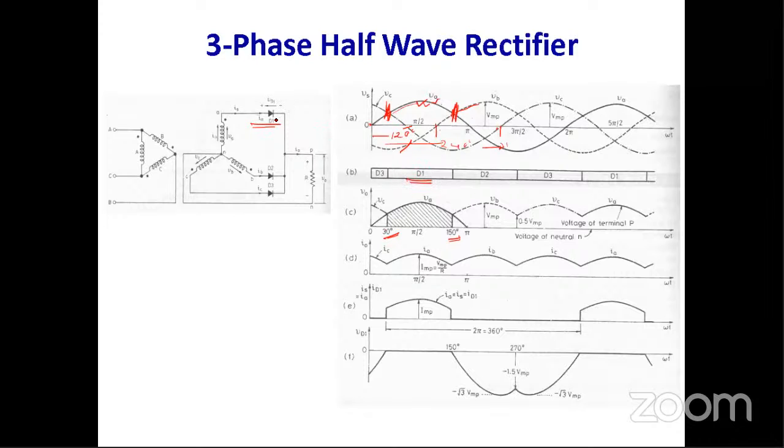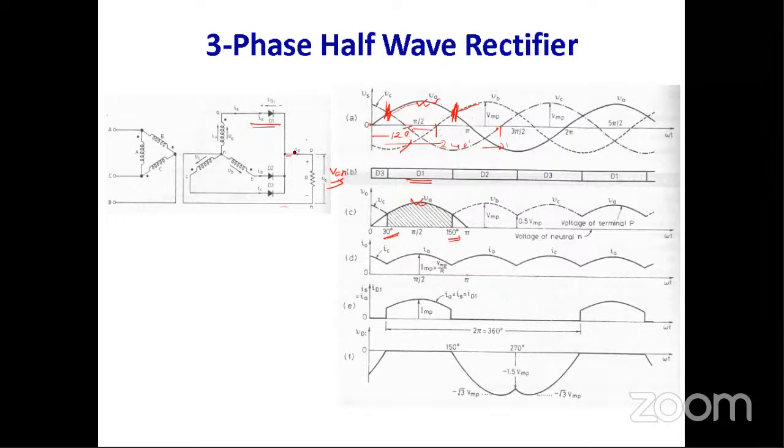If diode D1 is forward biased, what is the potential? The potential at that point is basically A, and this is connected to neutral. So if you measure the voltage across the load in this condition, that voltage is equal to VAN, or the phase voltage. This is the output voltage when diode D1 is on.